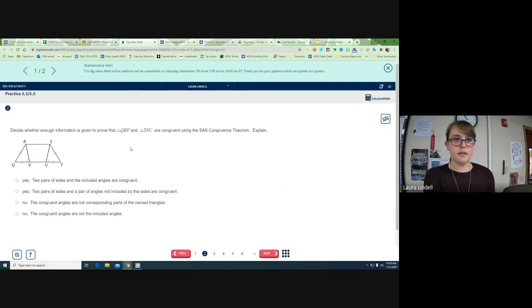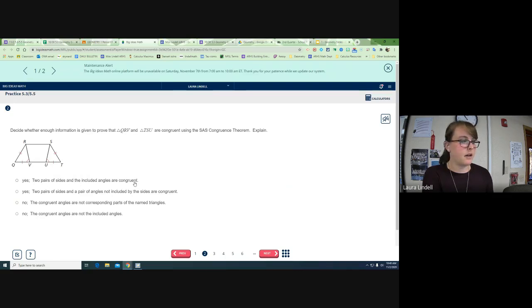The next one is a lot like some of the ones that we saw in our examples today. Decide whether there's enough information to show that QRV and TSU are congruent using SAS. So there's two options for yes and two options for no. Two pairs of sides and the included angle are congruent.